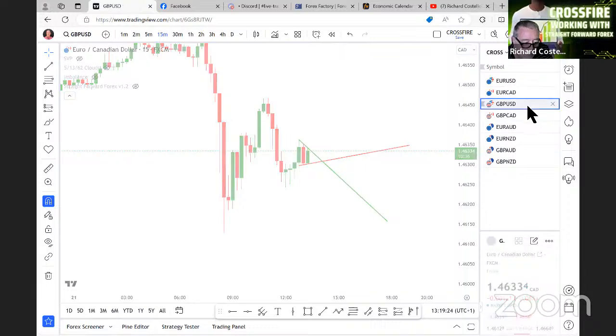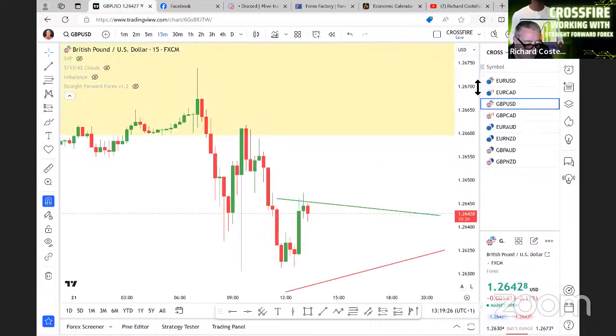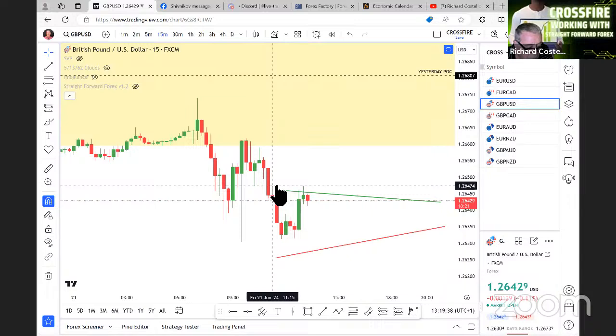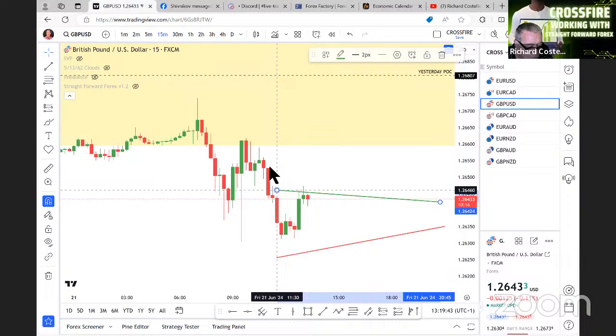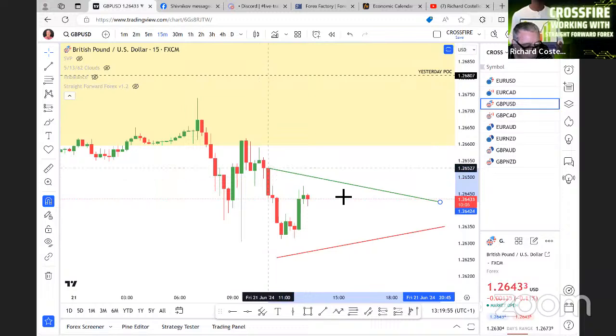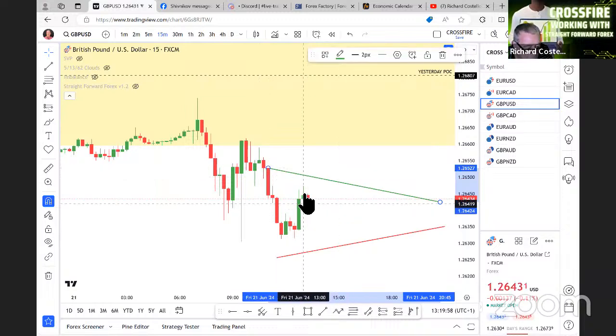Do the same for the GBP pairs. So there's the 1 o'clock candle. I'm looking at the top of the 1 o'clock wick. I'm looking left. I think that one's about the same level. So I need to go to that one there. Don't know why the magnet tool isn't working. Let's try again. There we go. So that's the 1 o'clock candle.